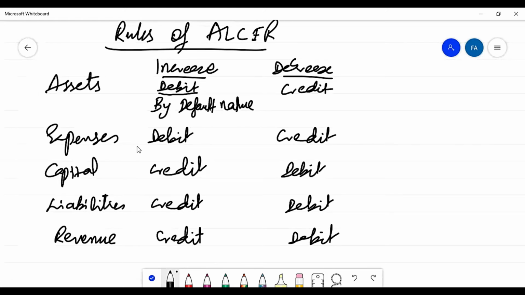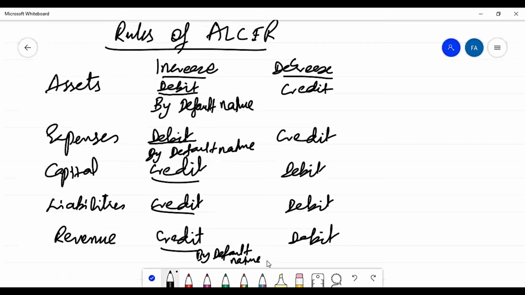It means that an asset is in plus if it is on the debit side. This is the default nature of expenses. These three are the default natures. What do I mean by default nature? It means their balance b/d should come. I'm not saying it must come. I'm saying it should come on the same side where they are increasing.